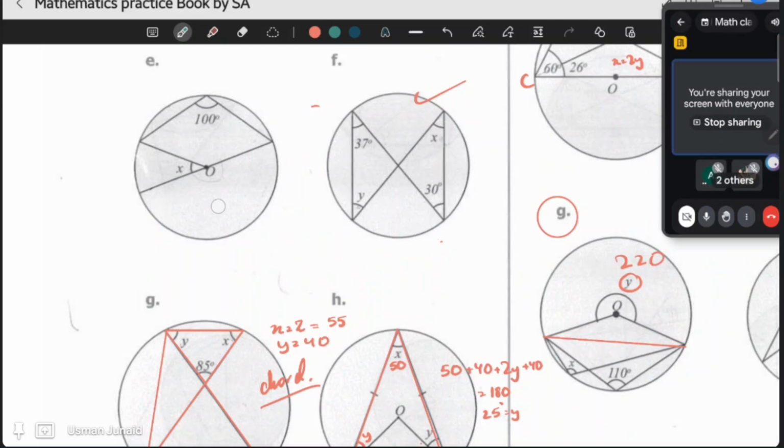Okay. So solve E and F. First do F, then do E if you can, and then we'll have questions.